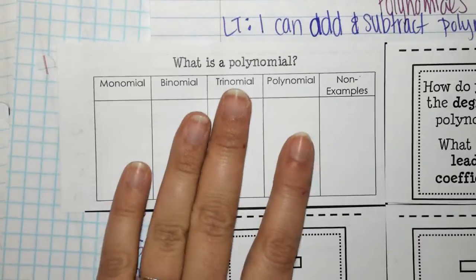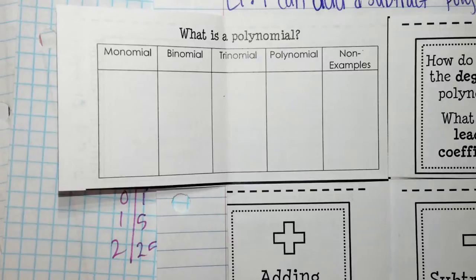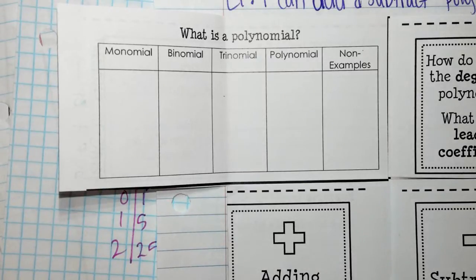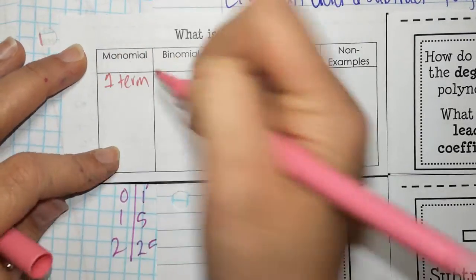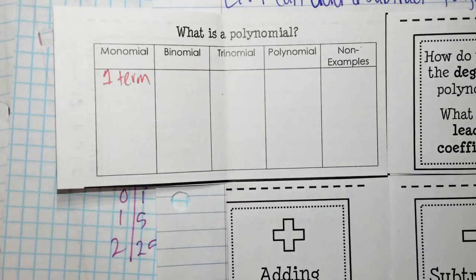Alright, open the flappy. So we are going to write some examples of our polynomials. How many terms does a monomial have? One term. If you said 1, give your team a point. Alright, who can give me an example of 1 term? Number 2.